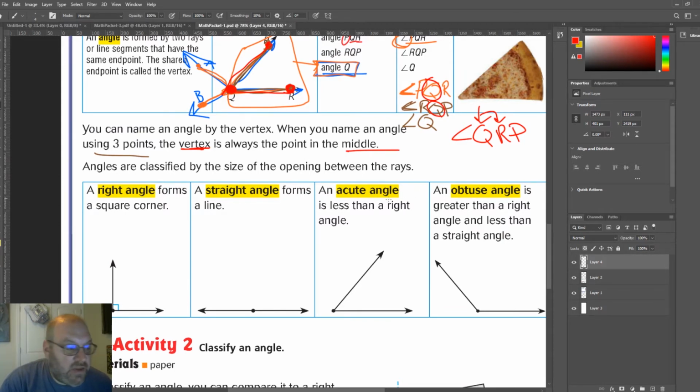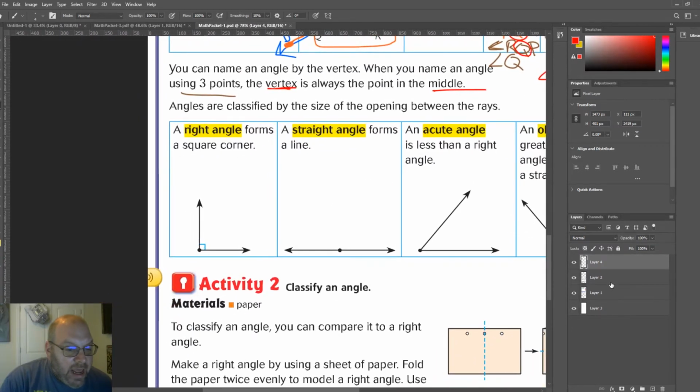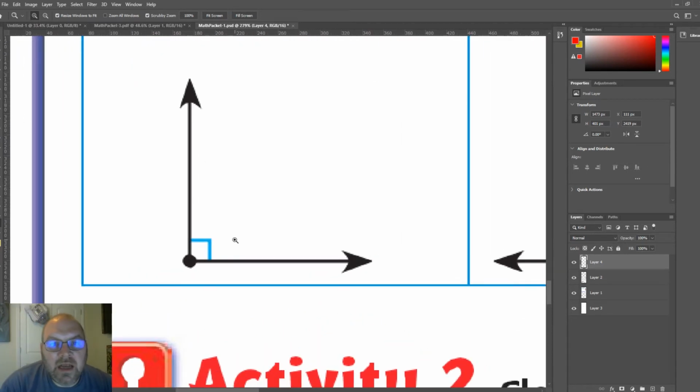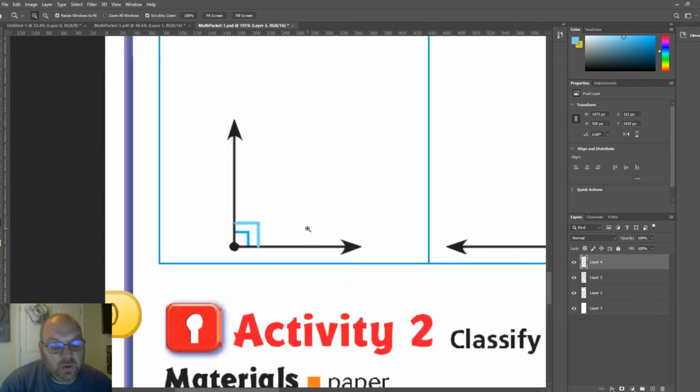This is the classification of the angles. Now, a right angle forms a square corner. You will see, not all the time, but some of the time, this little square. That tells you 100% this is a right angle without measuring it. You won't see it all the time, but if you see that, a bell should go off in your head: hey, that is a right angle.